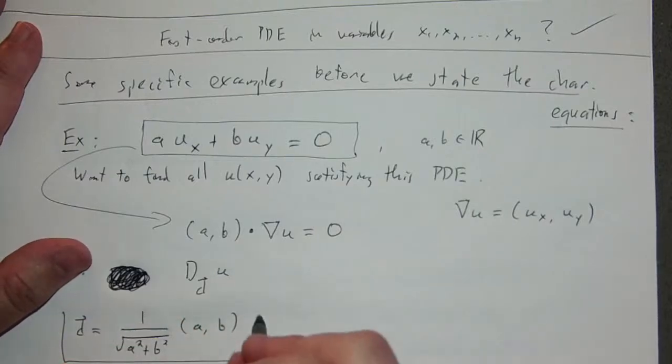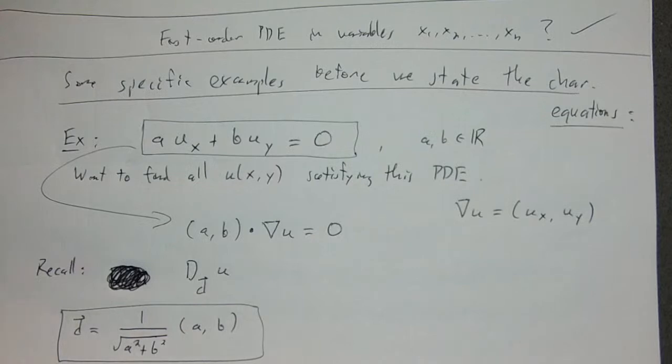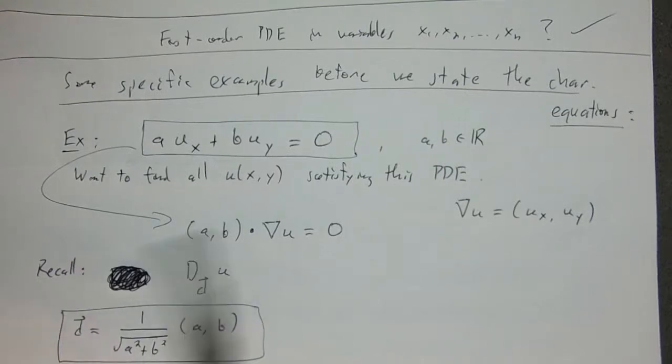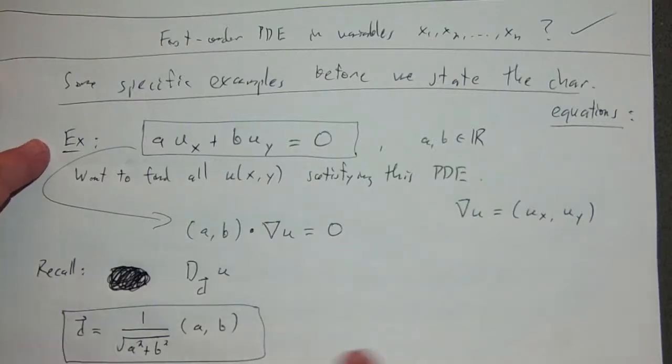So we have normalized our vector. Of course, we can always do this. Given any vector, we can always find a vector pointing in the same direction that's a unit vector just by scaling by its length. The only vector we can't do that with is the 0 vector, and we don't care about the 0 vector here because that's not a very interesting equation, 0 equals 0. So we're fine to do this.